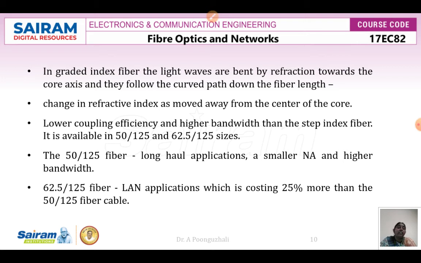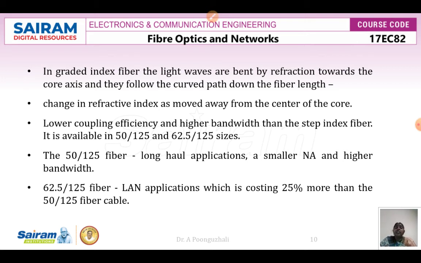That is, your wave will be refracted towards the fiber axis in the form of a curved path, because of the change in refractive index from the center of the core towards the end, and from the end towards the center of the core, it is increasing. Since it is varying, the ray is propagated as a curved path.